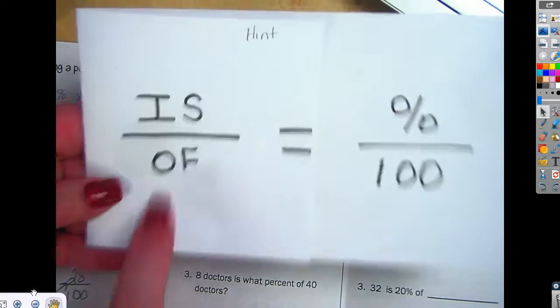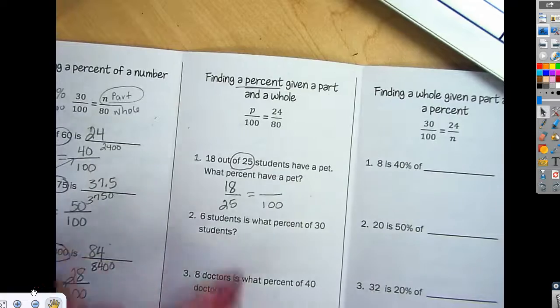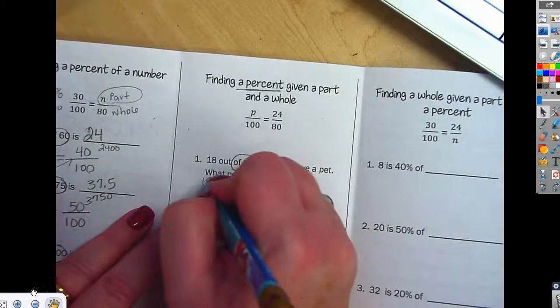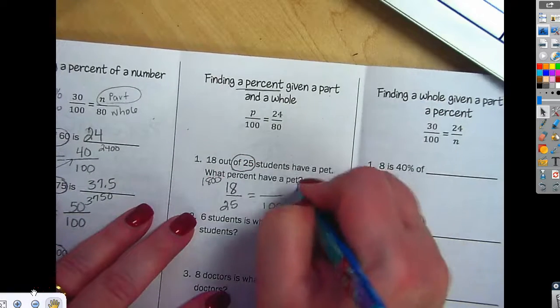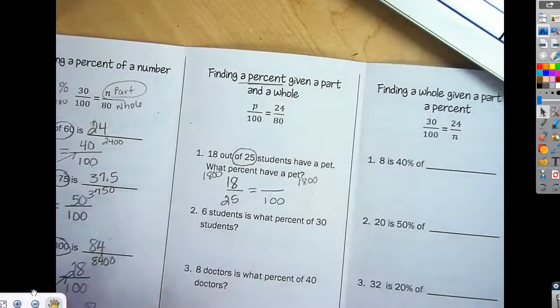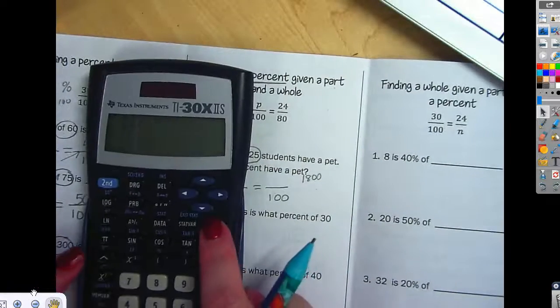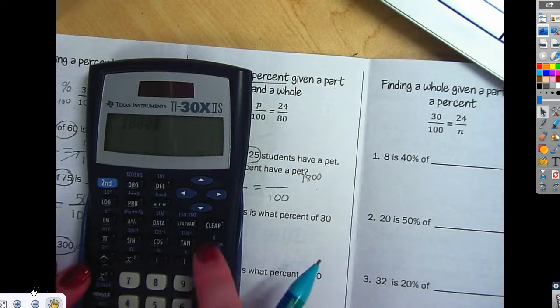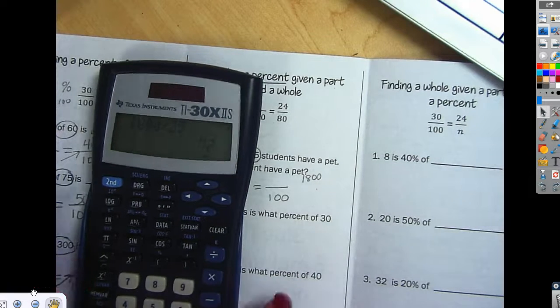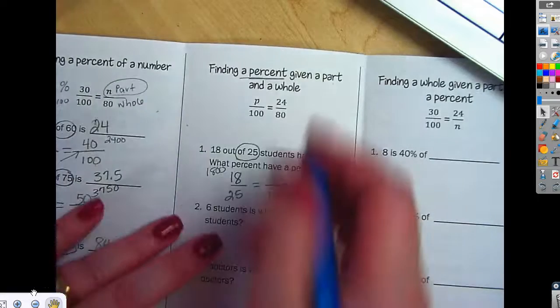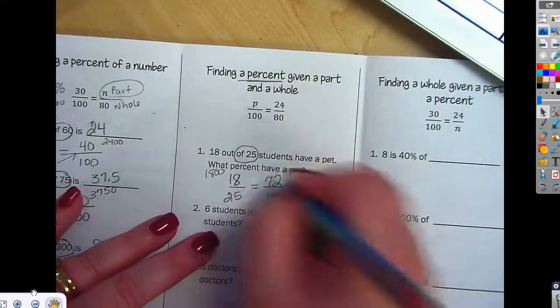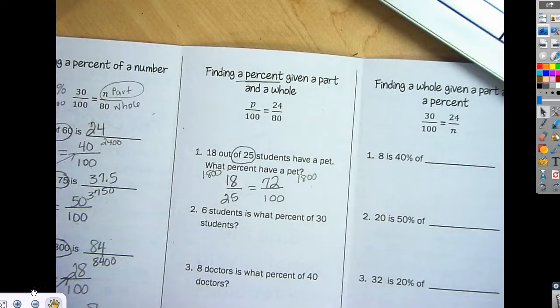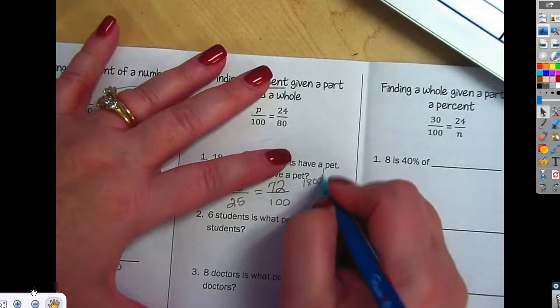The "of." Now we cross multiply, 1800, and 1800 divided by 25. And you get 72. So what would our answer be? What percent have a pet? 72%.